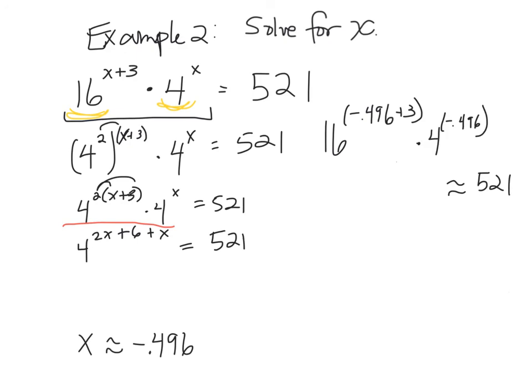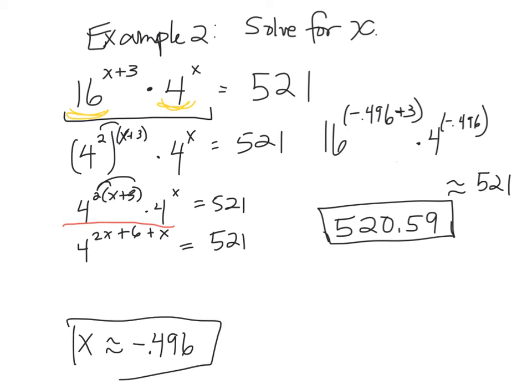And when I put this in the calculator, you get 520.59 approximately. So because we rounded our answer, we get close to 521, but this is good enough. So we know that this answer is correct.